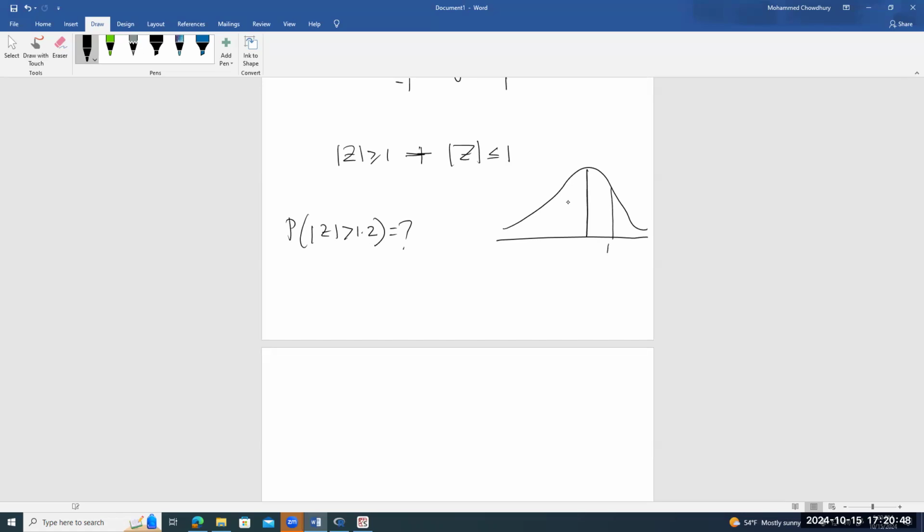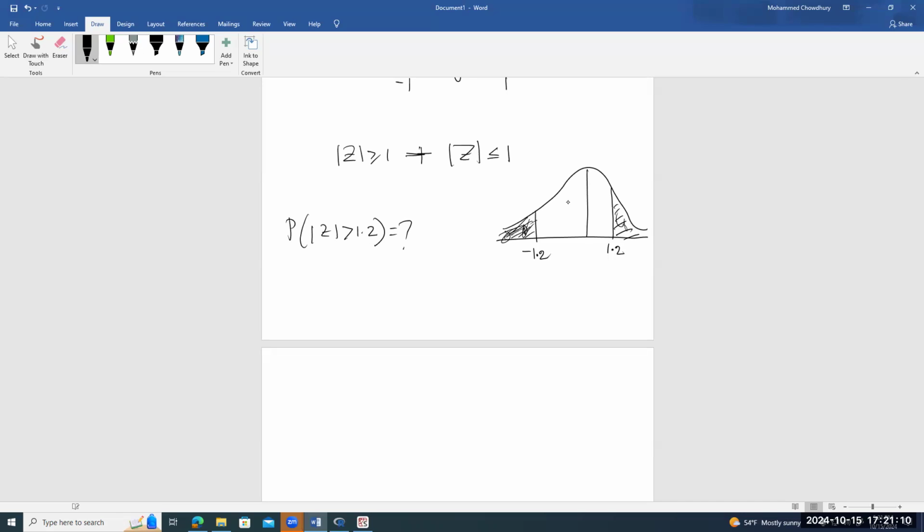This is 1.2 and that is -1.2. You have to find these two things from the table.